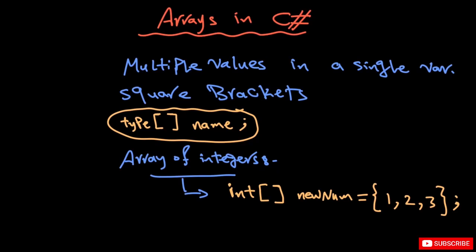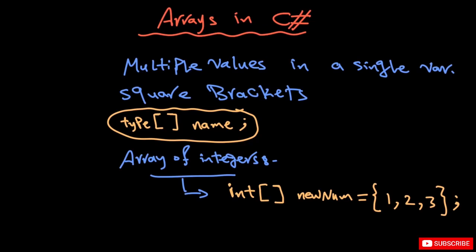The type int in this case, followed by square braces, followed by the variable name, in this case newNum, and follow the rules for naming variables in the C# programming language, and a single equal sign to assign this array to this special variable. And this array in this case contains 3 items of integers, 1, 2, 3, separated using commas.